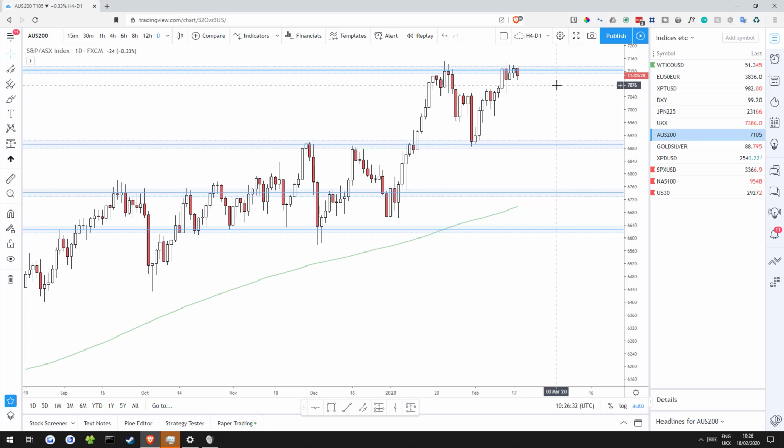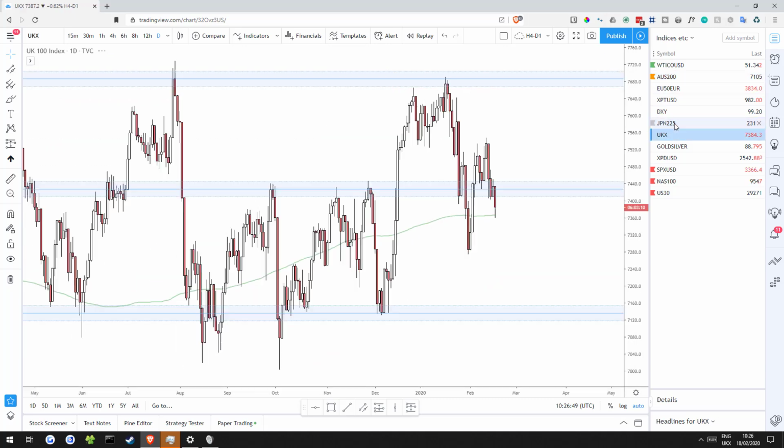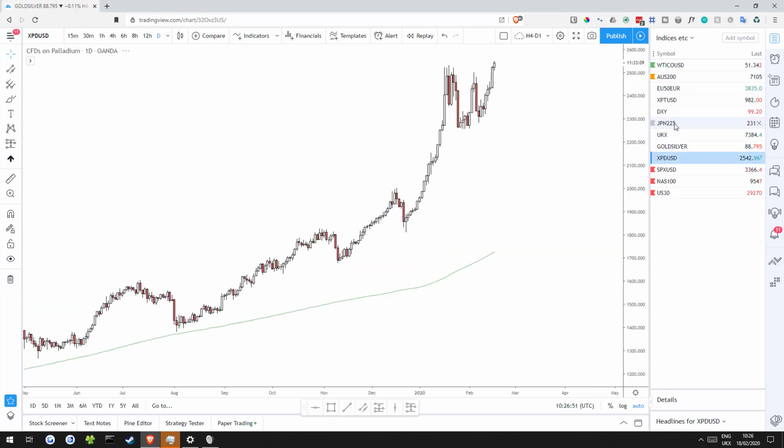AUD 200 is quite interesting right now. Stalling out at a resistance area. It stalled out before. There's actually potential for a short here, guys. And we're quickly running out of time, so I'm going to wrap this analysis up.